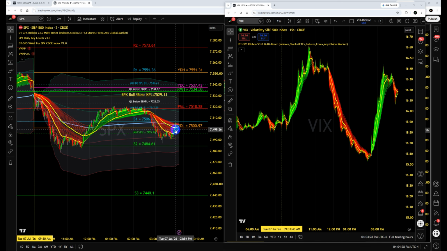And then lastly, you've got this little move here, coming off the lows here. VIX moving back down after settling back down around YDL. So you get a move almost back down to S2, back up to YDL. So the point is using the ribbon indicator with the VIX. Again, all of this is a lot easier if you have multiple monitors.